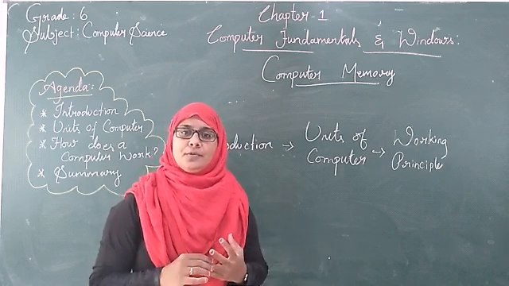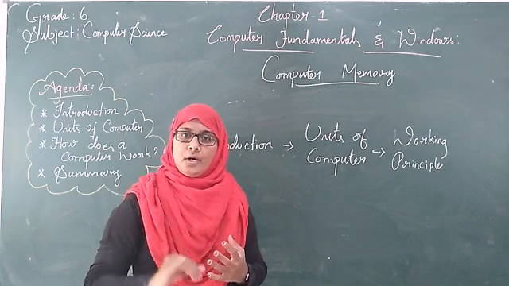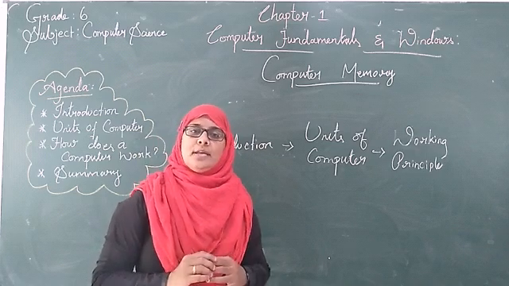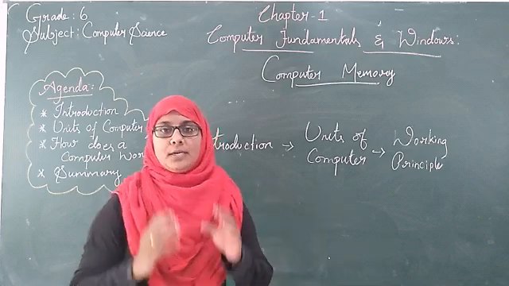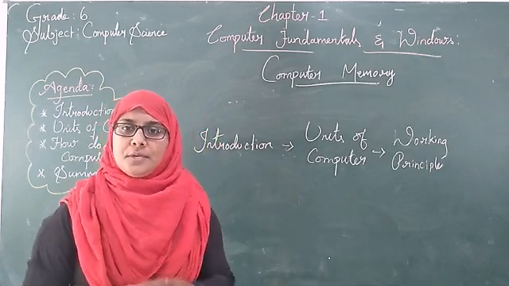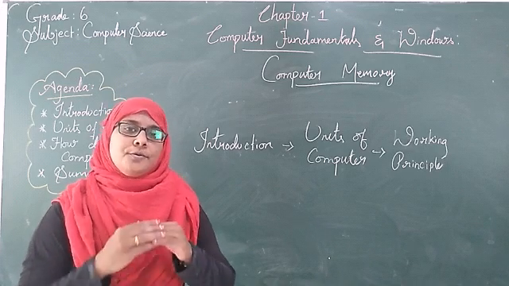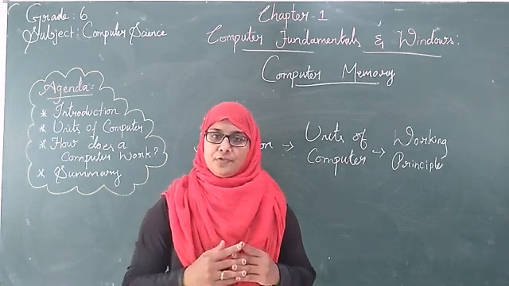What is the abbreviation of computer? Common operating machine used for trading, education and research. What is the definition of the computer? Computer is an electronic data processing machine. What do you mean by data processing? It is a method used to convert raw data to meaningful information.